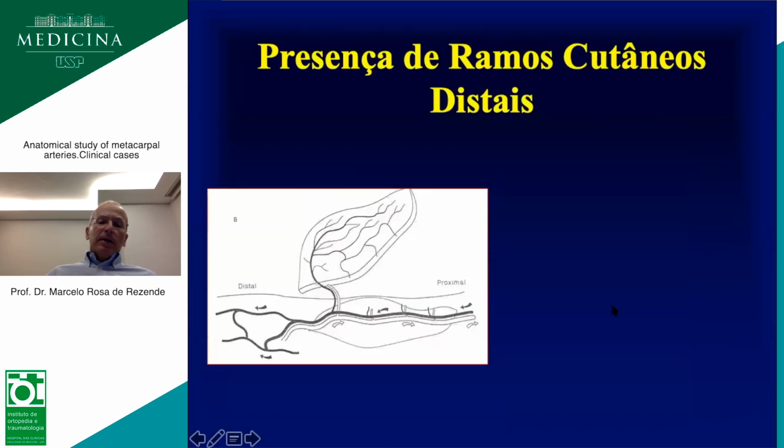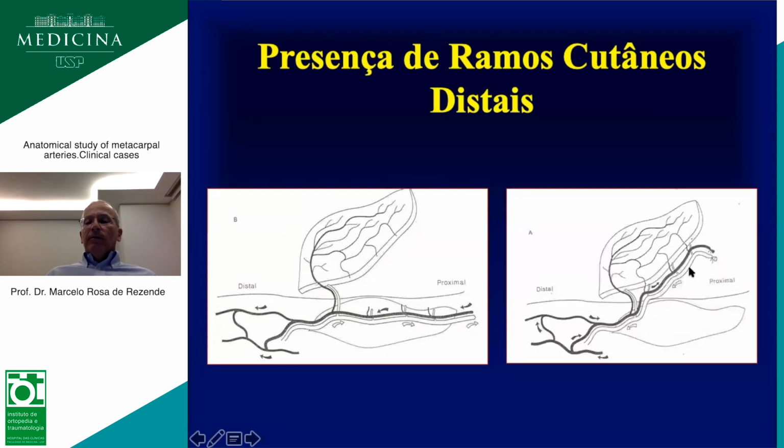This is a design of the dorsal metacarpal artery flap. When we plan based only on the distal branch, the cutaneous branch, like perforator vessels that come from the metacarpal artery, if you keep intact the metacarpal artery, we call the flap based on this cutaneous branch an anterograde flap.